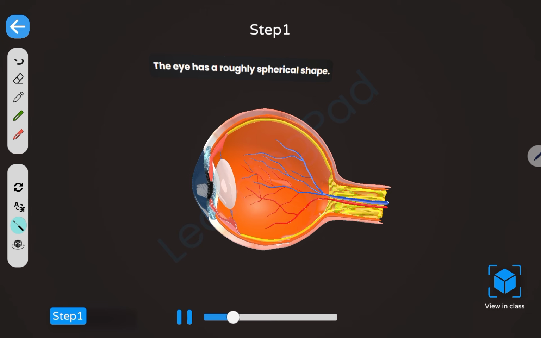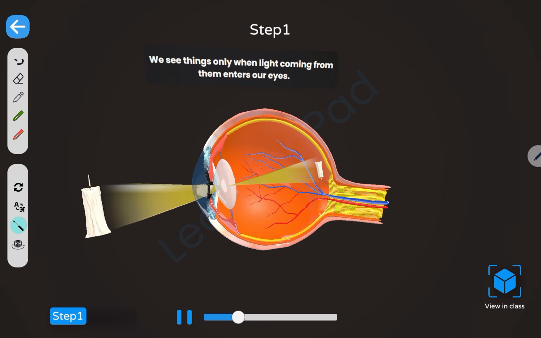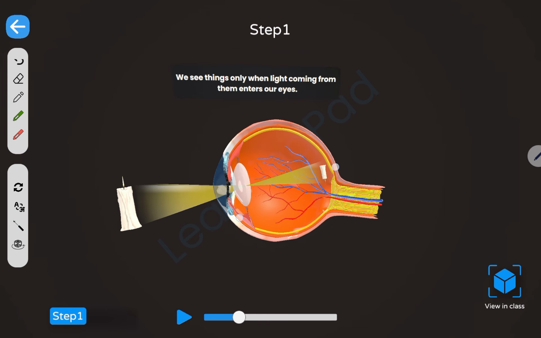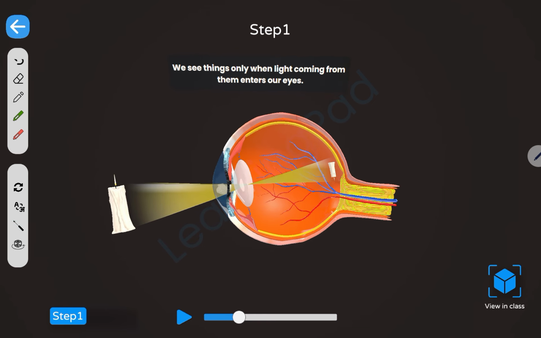We all know that we are able to see things through our eyes, right? But how exactly do we see? How exactly is the image formed? We are able to see because the light coming from the things which we see enters into the eyes.